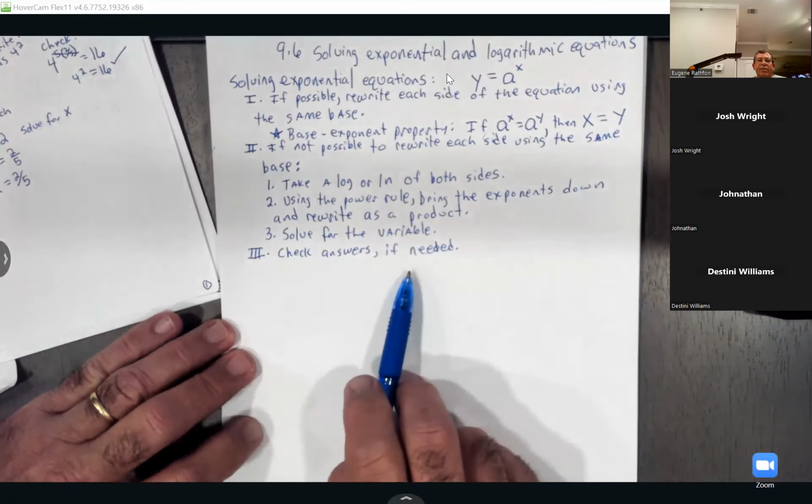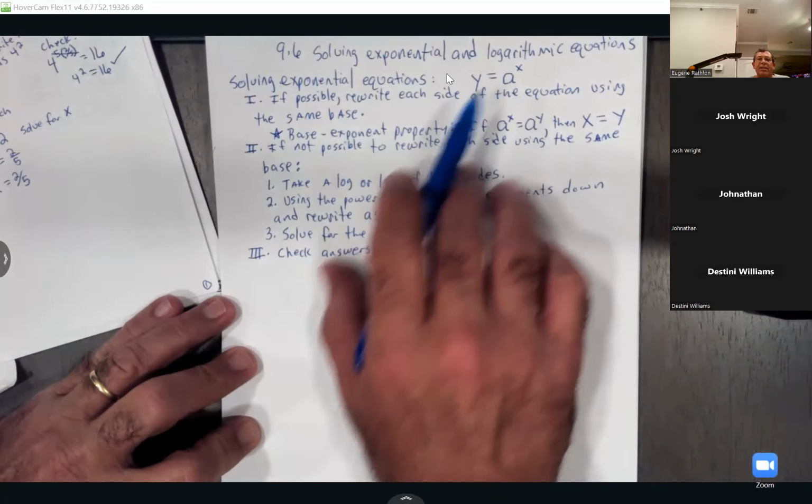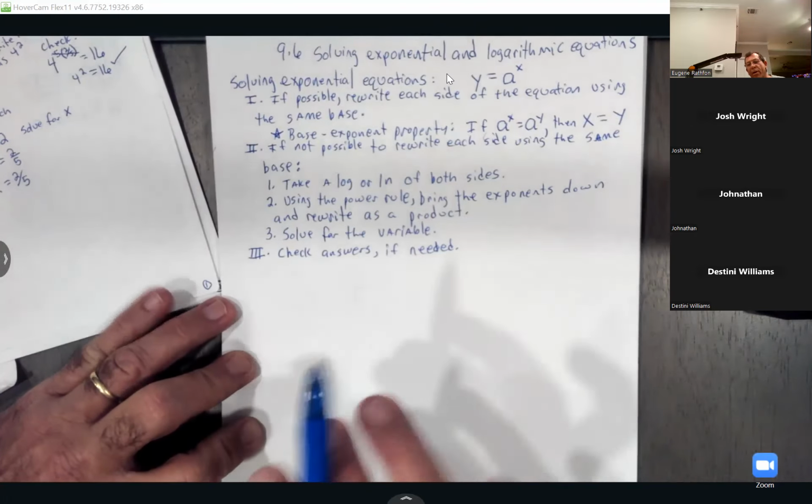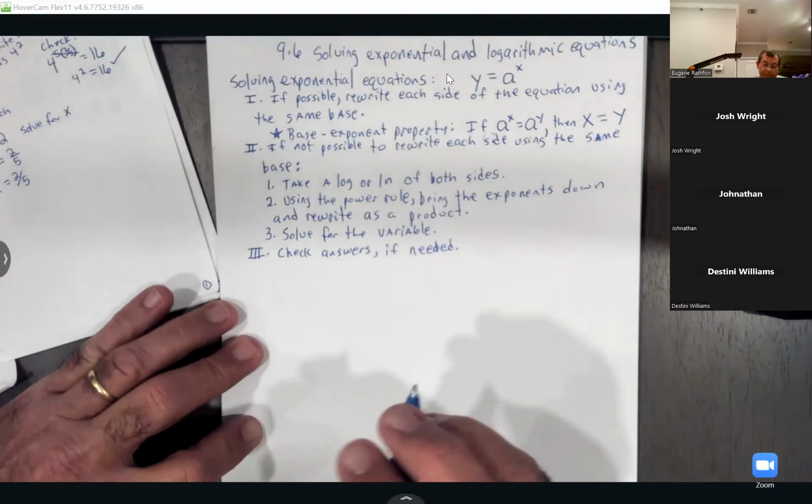So remember, this is my exponential equations. Once we go through these, then we'll play with our logarithmic, okay?